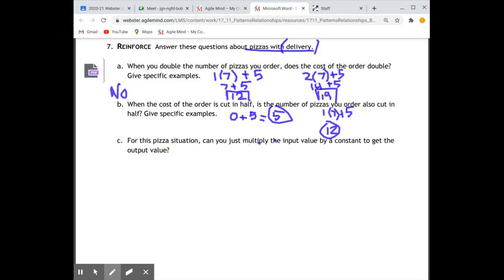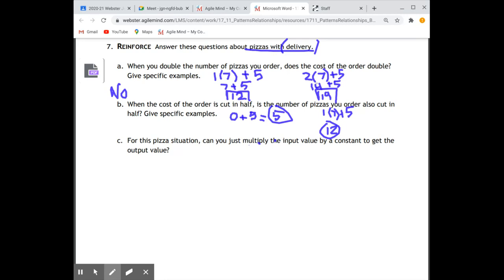Good. All right, so in summary to our lesson today, the differences between proportional and non-proportional relationships were provided. We know that a proportional relationship on a graph shows a straight line that passes through the origin.